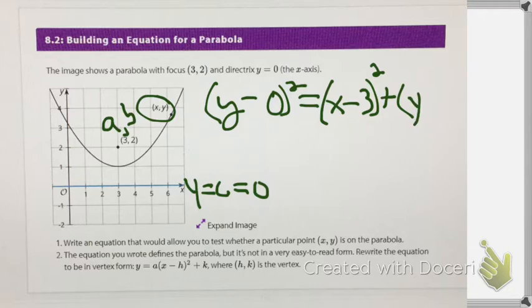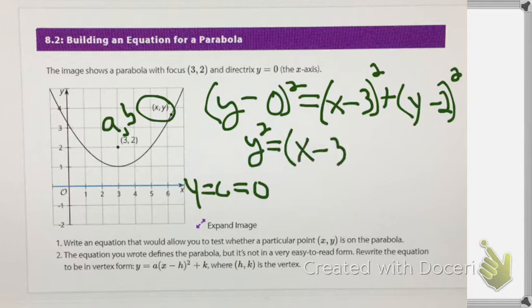And then y stays. So x and y, you notice, never become numbers. X and y are always those any point. This is our general equation. We come in here and say y minus b, which is y minus 2, squared. And y minus 0 squared, we usually just write as y squared. So we're writing this as y squared equals x minus 3 squared plus y minus 2 squared.